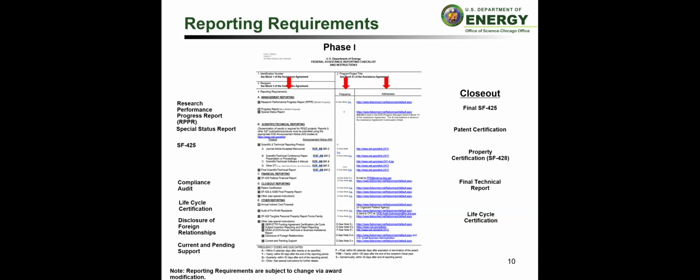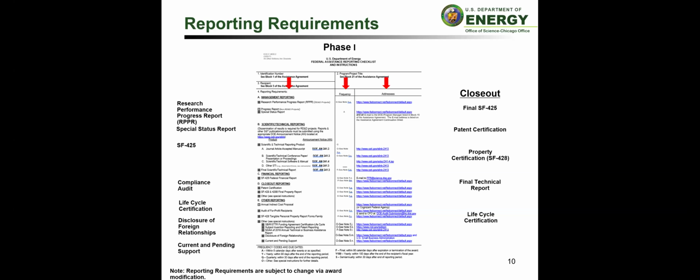A question came up earlier during one of the presentations about, is it true that current pending support needs to be submitted at least 60 days prior to bringing a grad student on board?